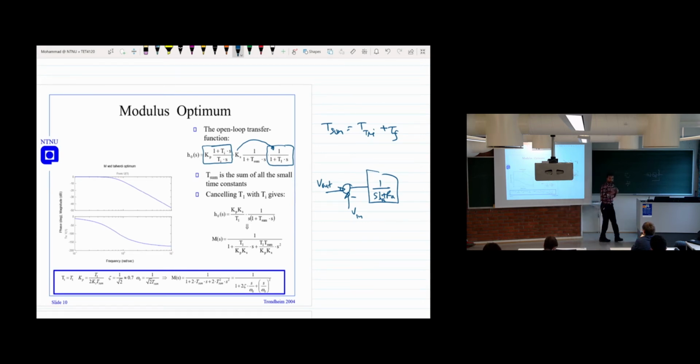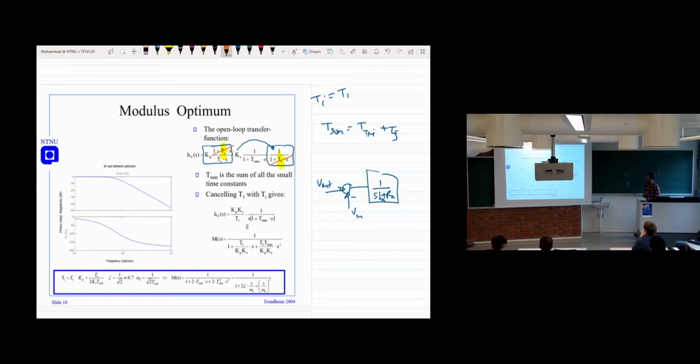So what we do in the modulus optimum tuning is try to cancel this pole with that zero. You have 1 plus Ti S. If we set Ti equal to T1, the controller Ti equal to the process T1, then you can cancel these two parts.